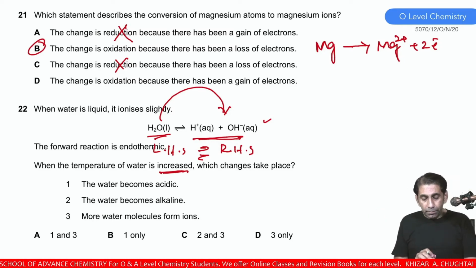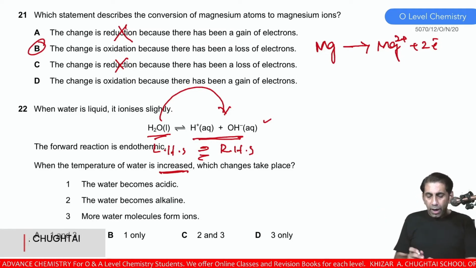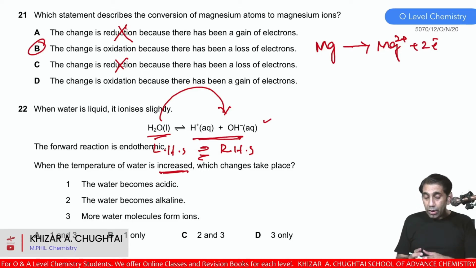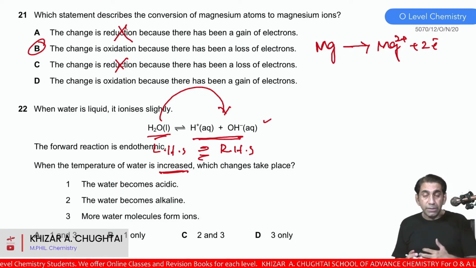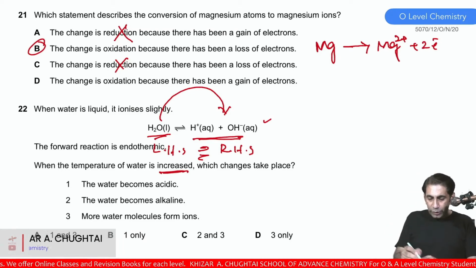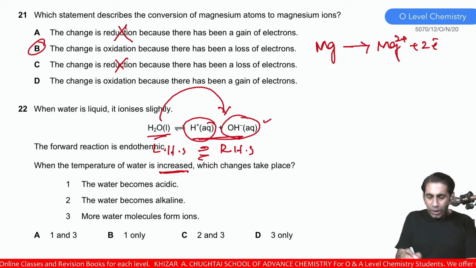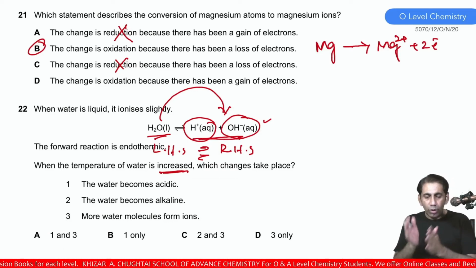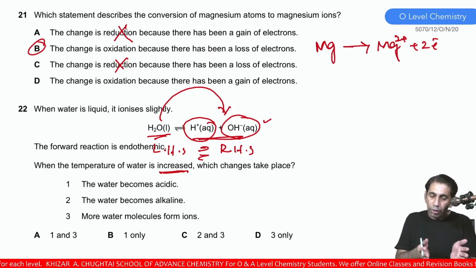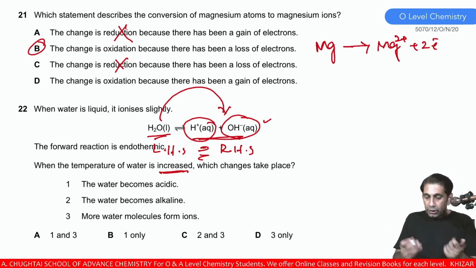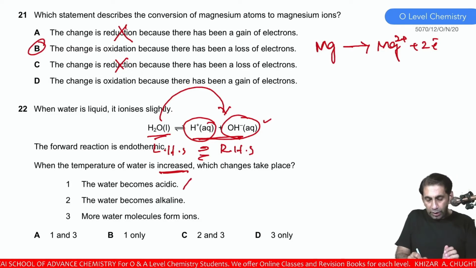Water becomes acidic, I mean more H+ ions are going to form. Yes, that is true, but acidic means there must be more H+ ions than OH- ions. You can see from this equation that the mole of OH- ions is exactly equal to the mole of H+ ions. Those are being formed at the same time. So this solution will be neutral.